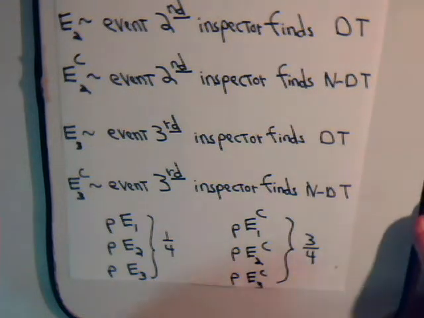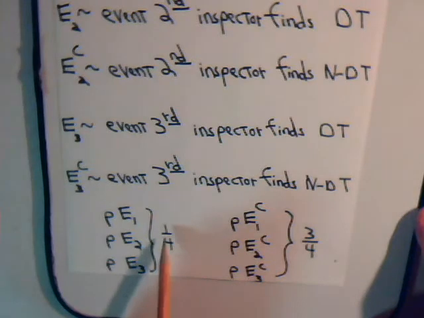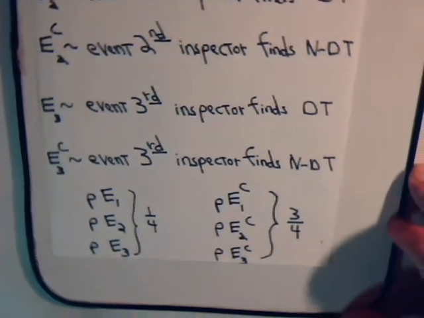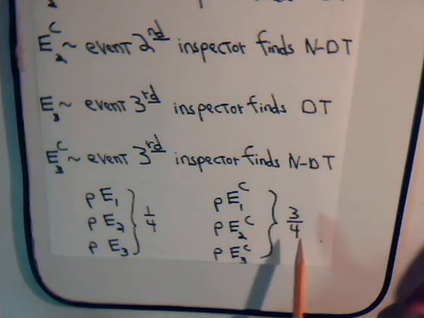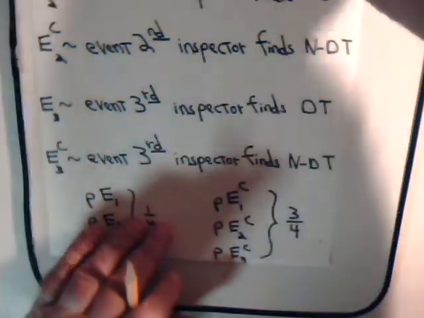So in each case, the probability for an examiner to find a defective transistor is 1/4, and to find a non-defective transistor is 3/4. Again, our question is, what is the probability that at least one of the examiners will find a defective transistor?